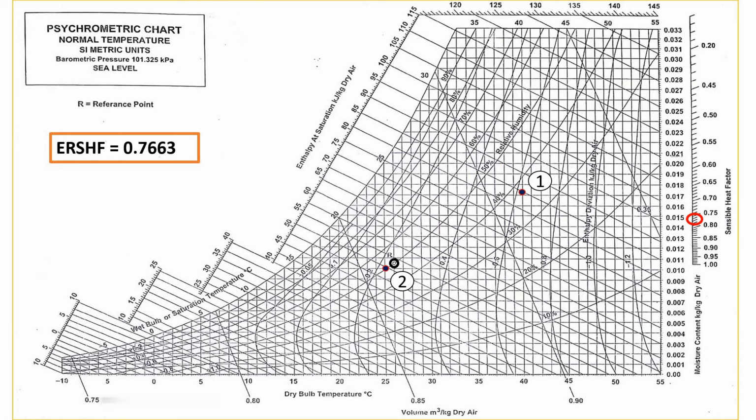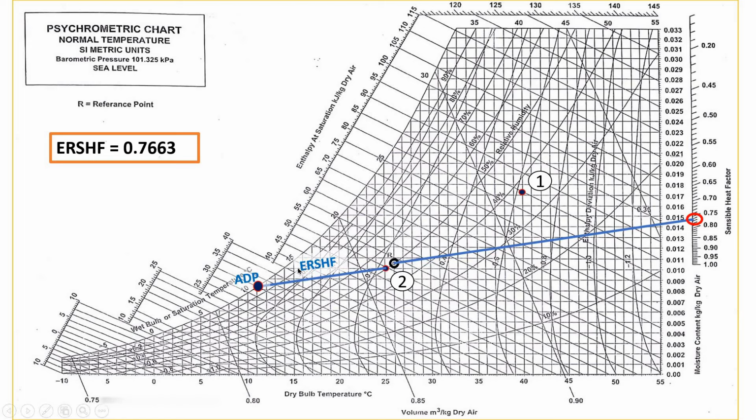If it is not shown on the psychrometry chart, then we can locate it by knowing dry bulb temperature 26 degrees Celsius and relative humidity 50%. Now we have to draw a line connecting these 2 points like this. Then we have to draw a line parallel to this from point 2.